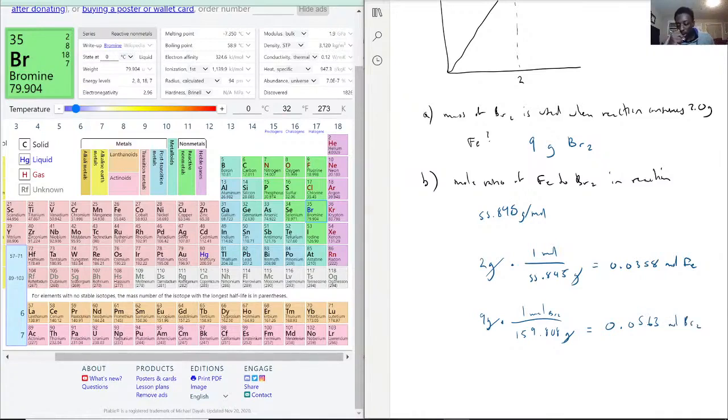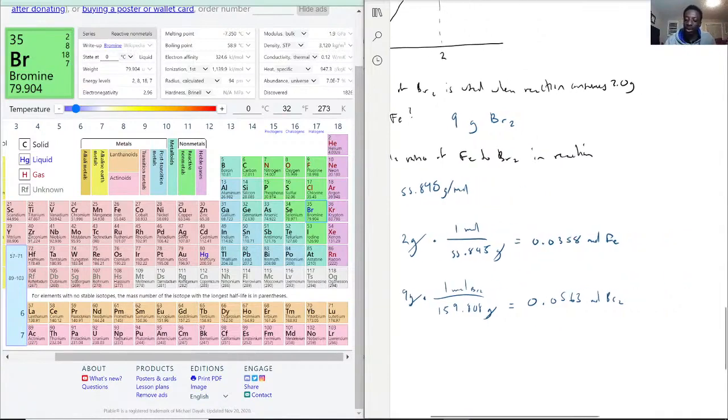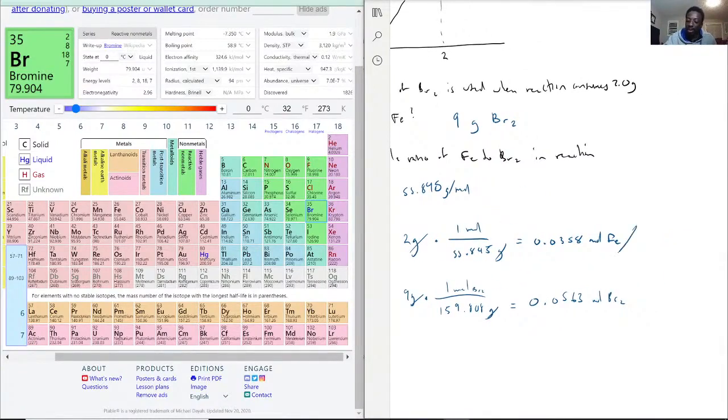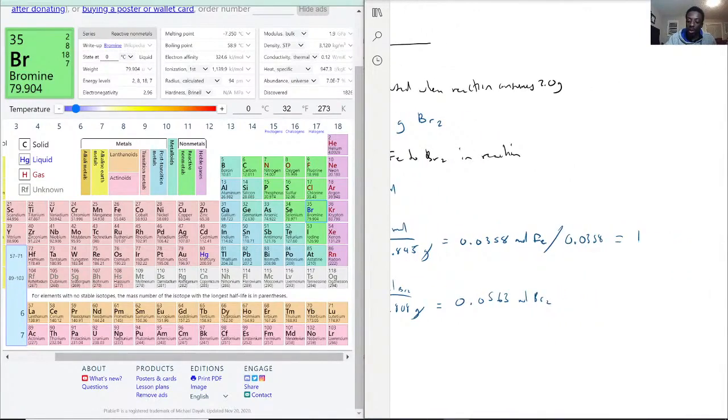If we divide these together to get the ratio, we will divide by the lowest number, so that's 0.0358 to get a ratio of 1, and the other is 0.0563 over 0.0358. This ratio here is going to be 1 to about 1.57.